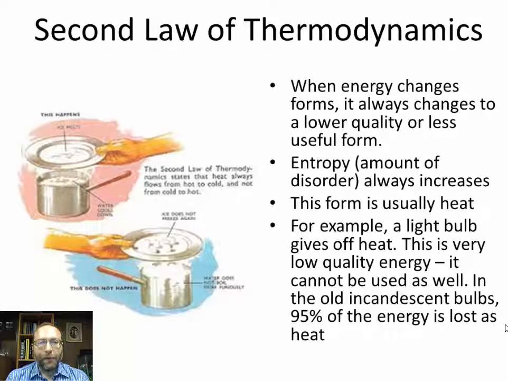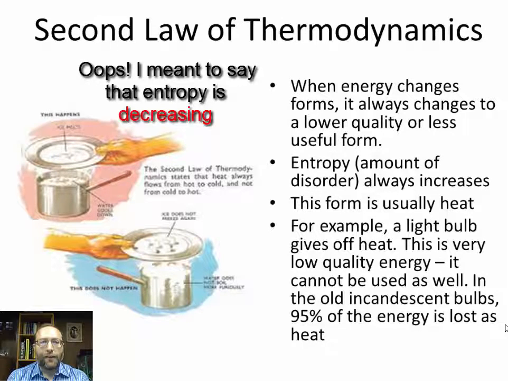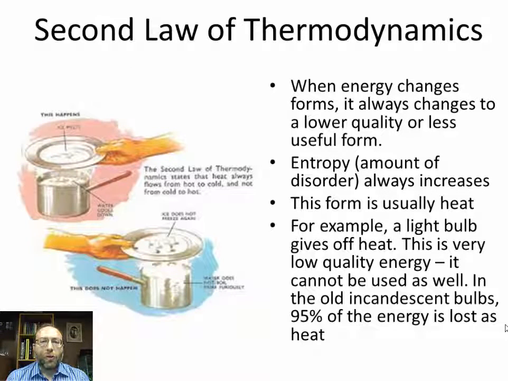For example, when a plant uses photosynthesis to take carbon dioxide and water and put them together, its entropy is decreasing because sugar is much more useful and has much more order than carbon dioxide and water. But if you look at the overall picture, the entropy will increase, because where's the plant getting its energy from? It's getting it from the sun.